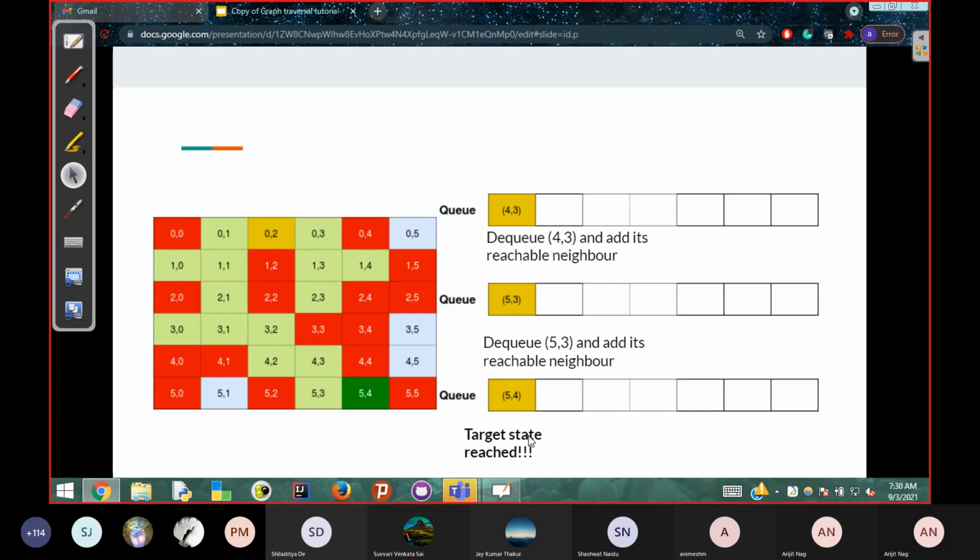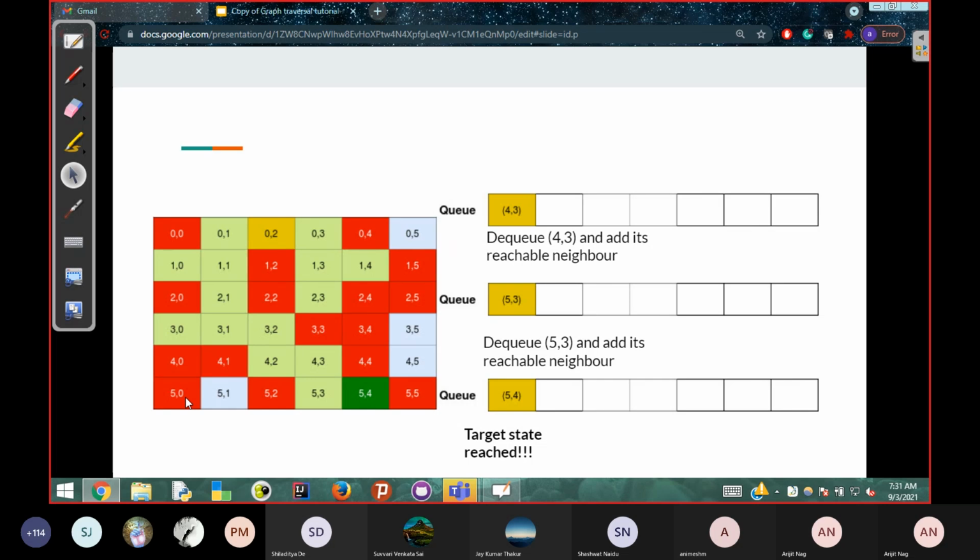You can try it: take this example, take 5-0 as the target state, and check. When you need to stop, you will understand. So when there is no element in the queue and you also have not reached your target state, both conditions should be met. Anyhow, there will be a time when there is no element in the queue, if you properly color your nodes and do not loop forever.